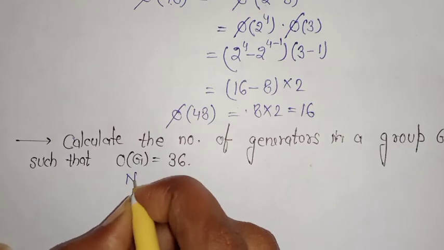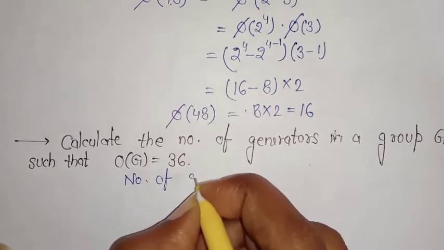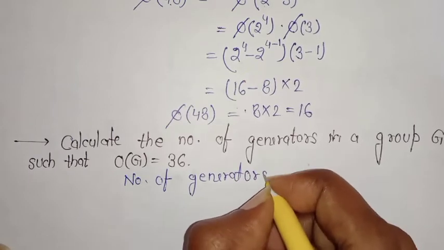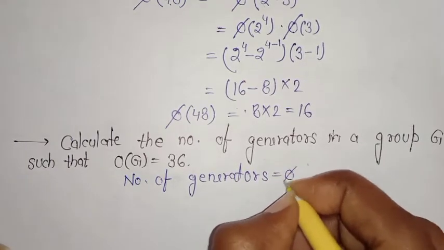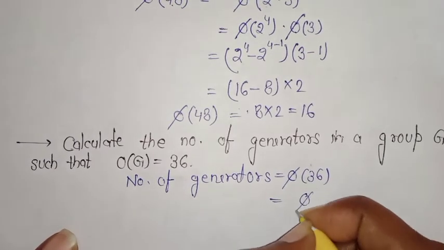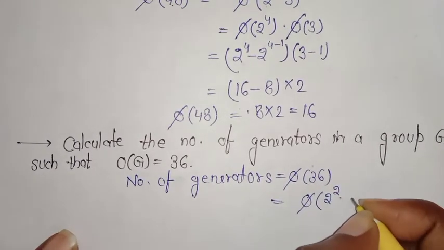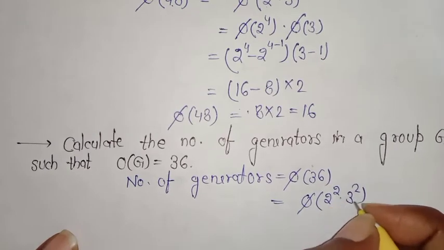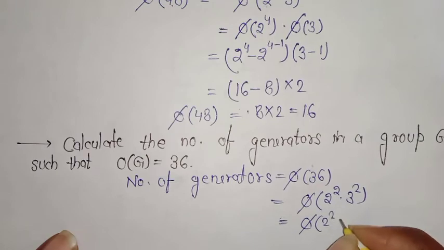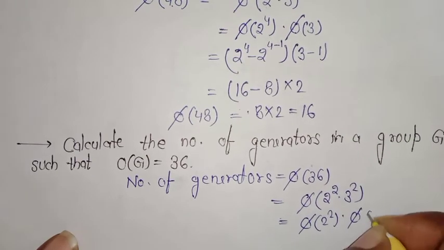We know that the number of generators in a cyclic group is equal to phi of the order, so phi of 36. Now this can be written as phi of 2 square into 3 square. As 2 square and 3 square are relatively prime to each other, we can write it as phi of 2 square into phi of 3 square.